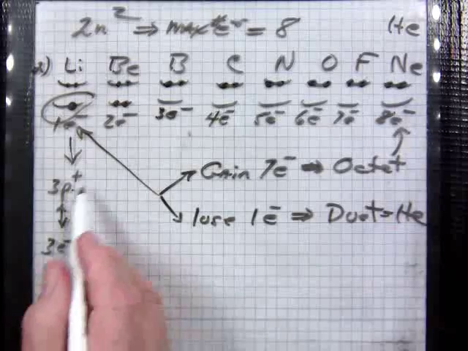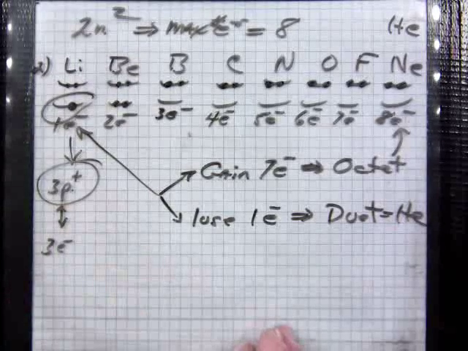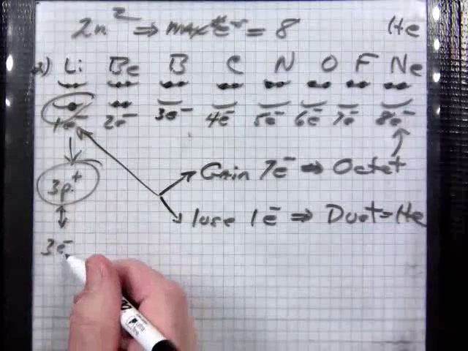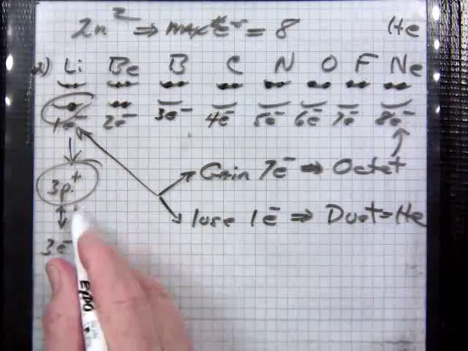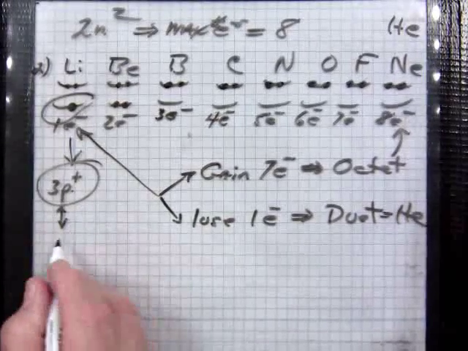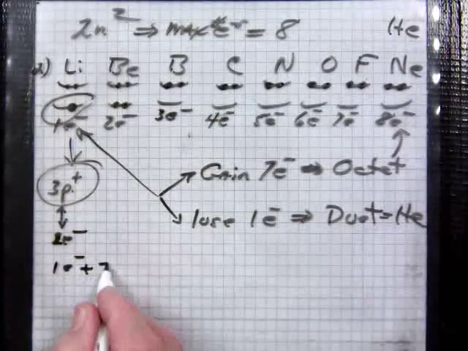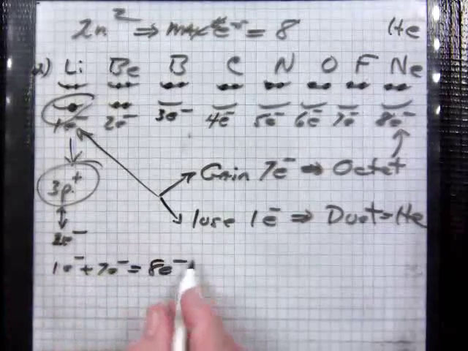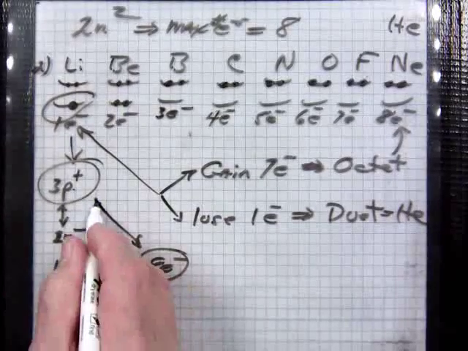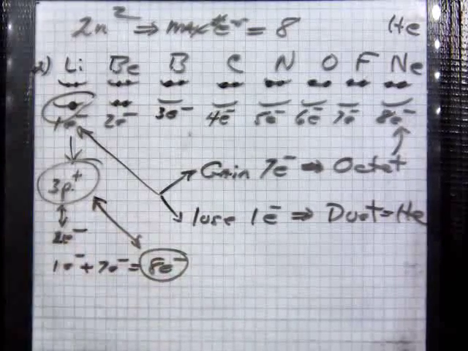Well, considering there are only 3 protons attracting electrons, if you had 2 electrons and 1 electron, plus 7 electrons, you have 8 electrons being held on by 3 protons. Well, that's not practical from a fundamental standpoint.